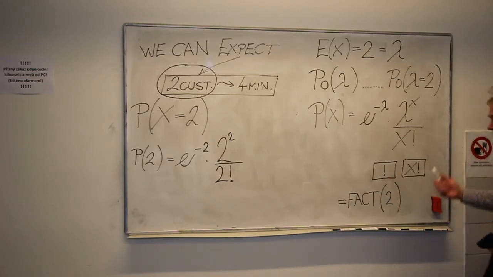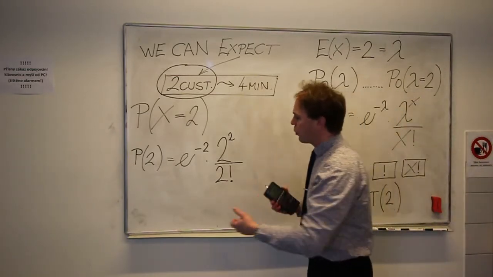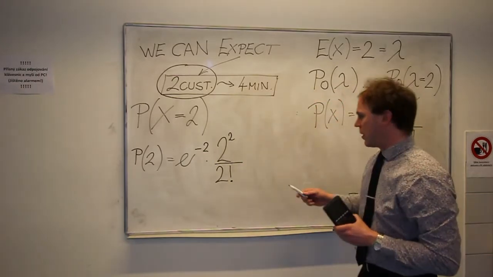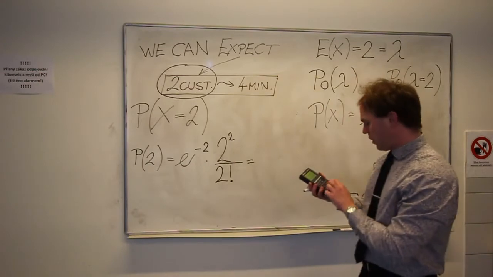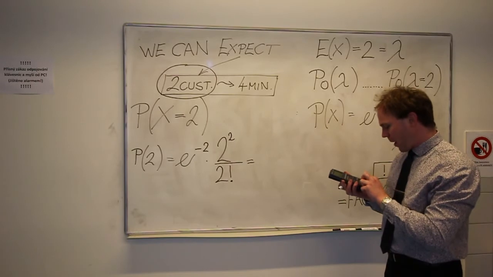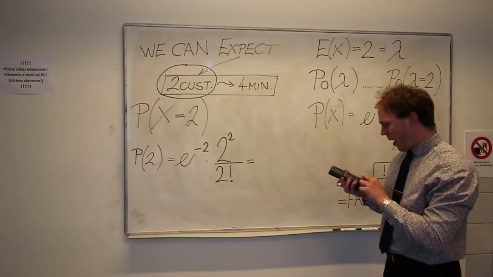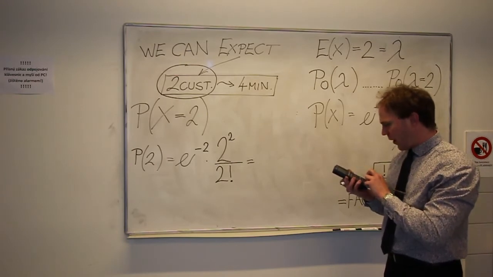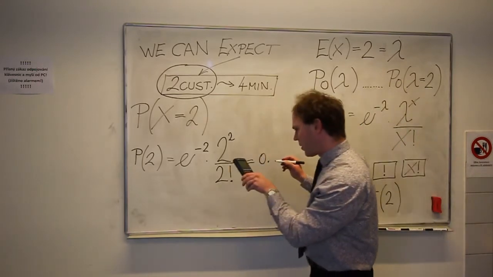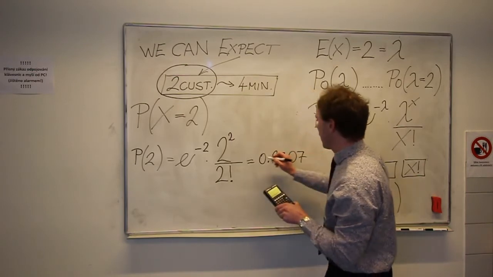Okay, so it's an easy probability function, but you need to know how to use Euler constant and factorial of a number, yes? So this will be equal to Euler constant powered by minus 2 times 4 divided by 2 factorial, enter, 0.2707.